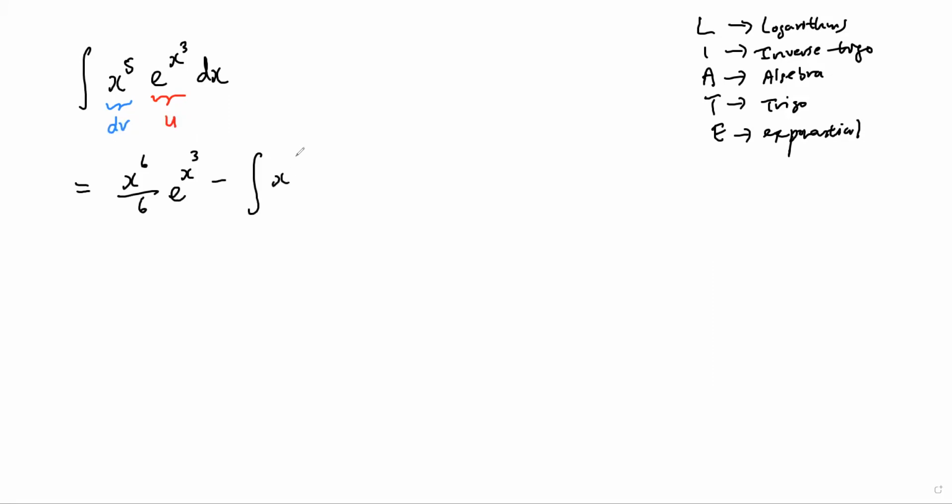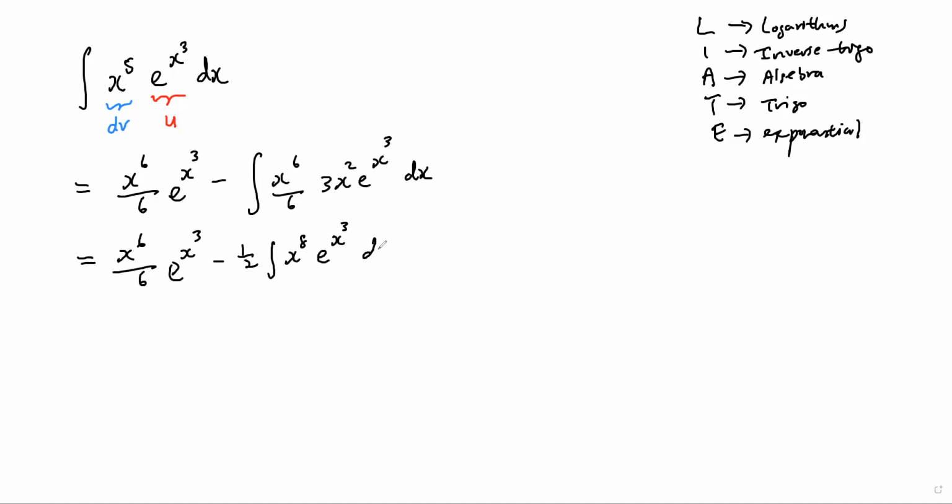So this will be x to the power of 6 over 6 and du, and if you differentiate u, you should get 3x squared e to the power of x cubed dx. Let's simplify this a little bit. This is half the integral of x to the power of 8 e to the power of x cubed dx.